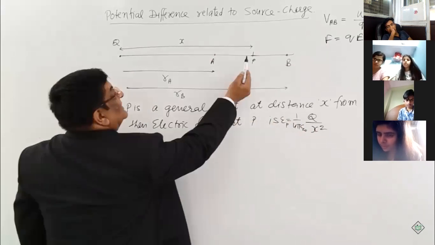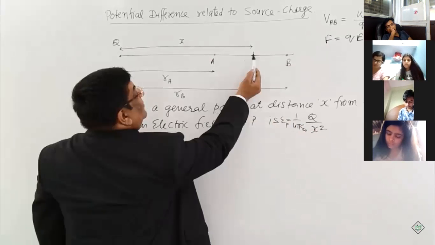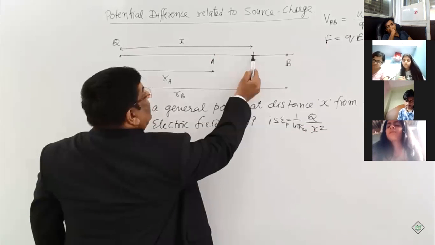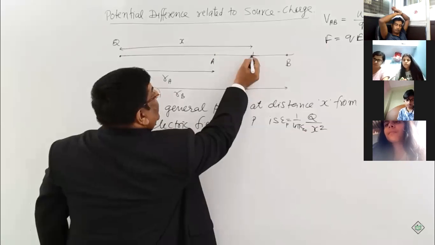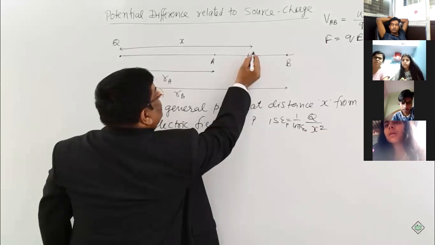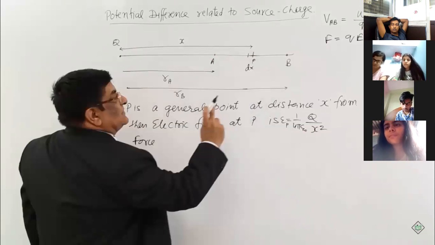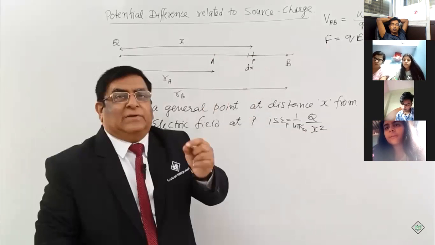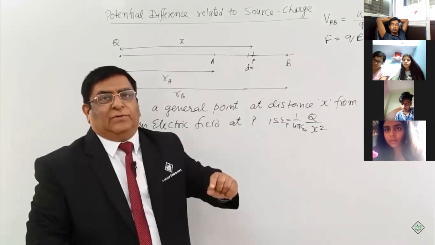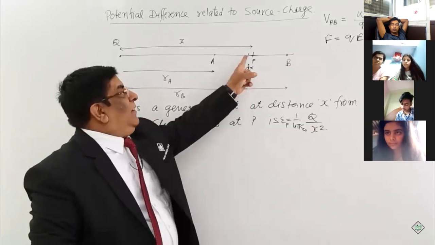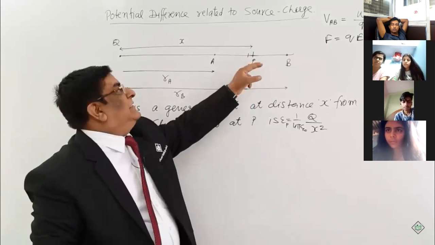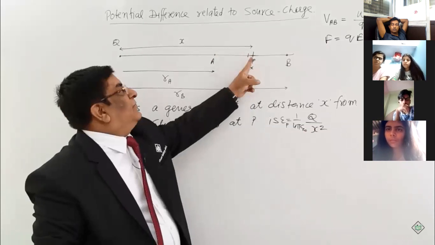I start my journey from point P and I travel a very small distance, this distance dx. Dx is such a small distance that it can be termed limiting to 0. So if it is so small, then I can presume that there is no change in the force from this point to this point.